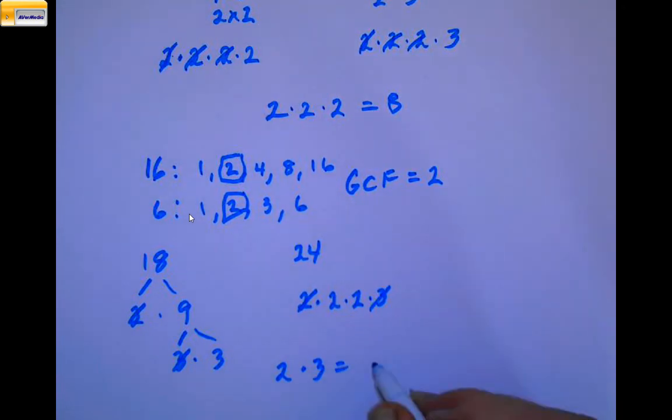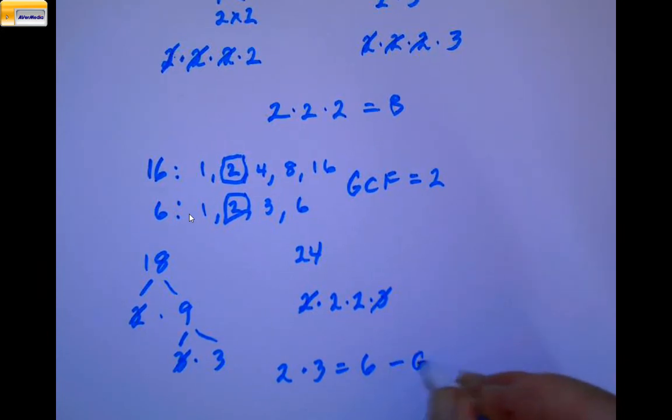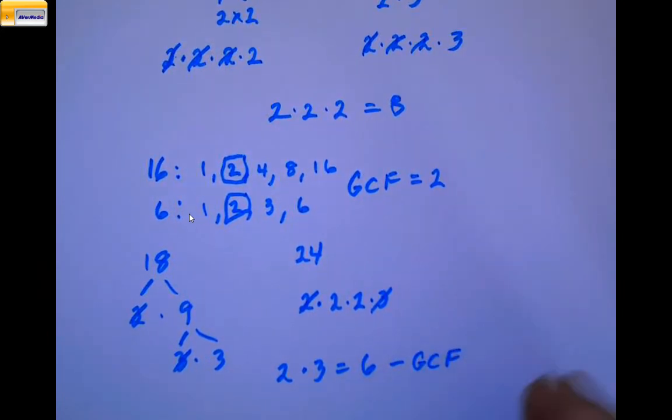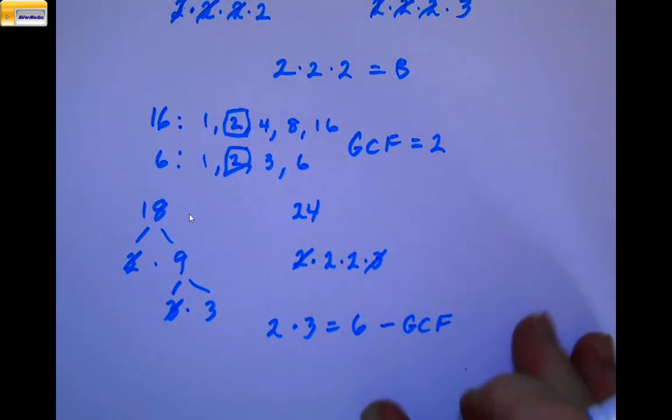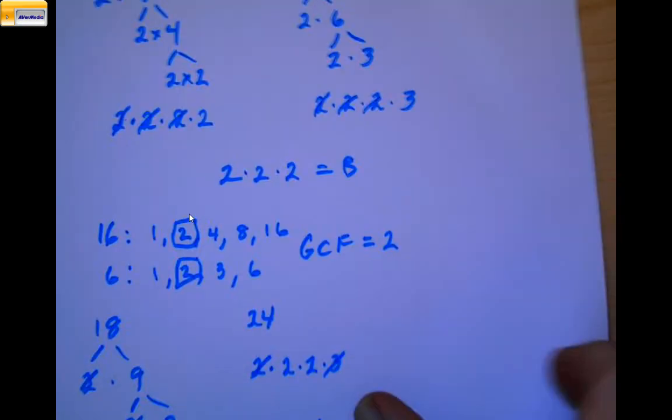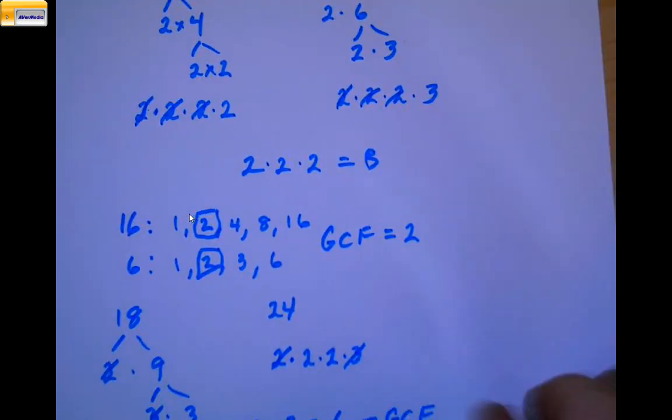So our GCF of 18 and 24 is 6. I'm sorry, I was thinking 16 for a moment. So that is another example. We'll do one more example and then move along to something else.